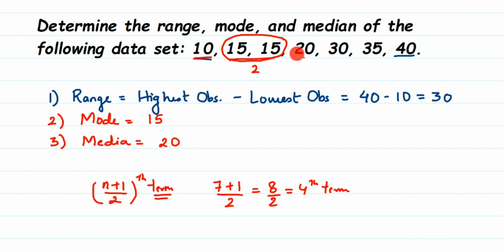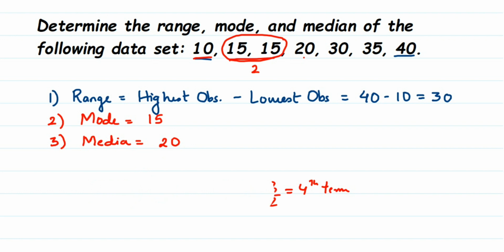Now, suppose you have an even number of observations, like 8 observations or 10 observations, then the median will be the average of the middle two terms. Again I'm saying, it's the average of the center two terms. I'm taking just an example, it's not related to this question.